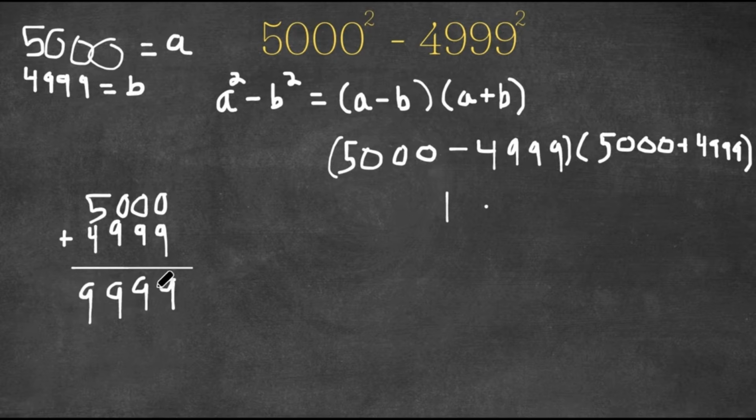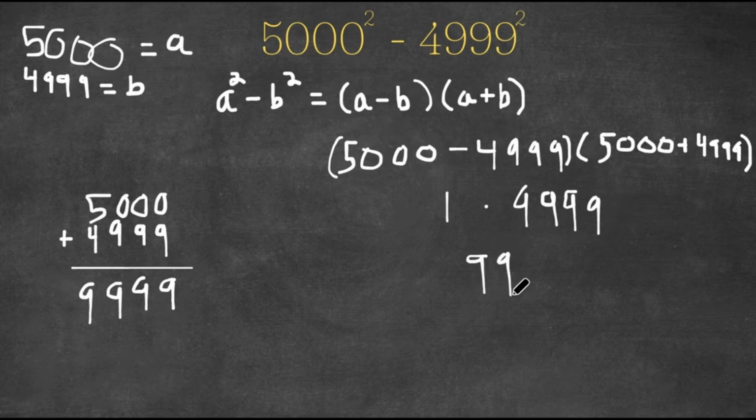So we get 9,999. So we're multiplying 1 with 9,999, and 1 times 9,999 is simply just 9,999. So this is our answer.